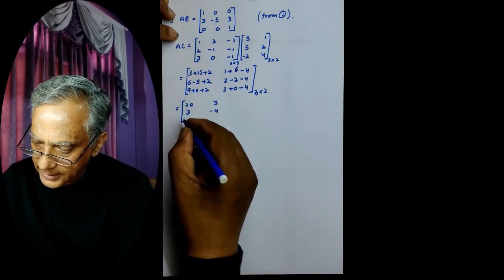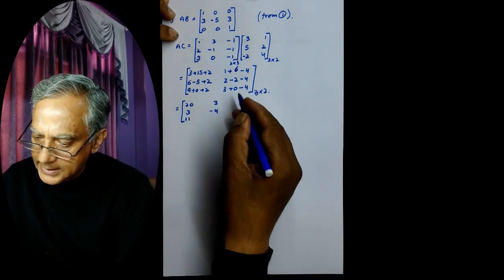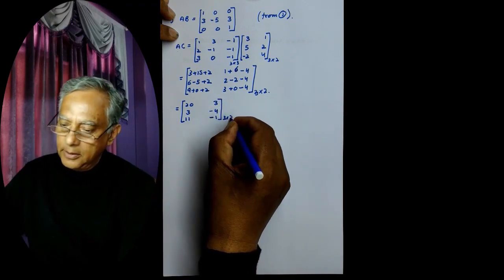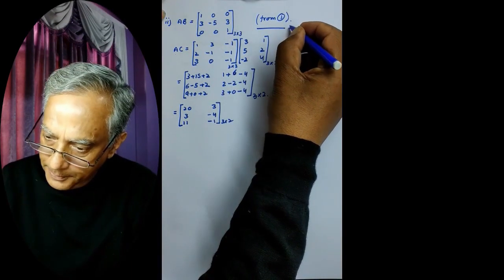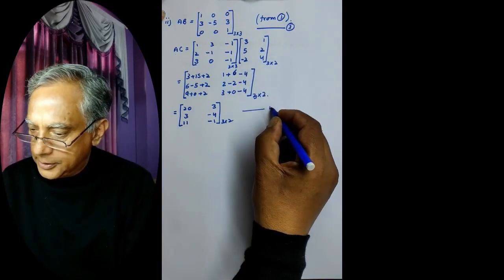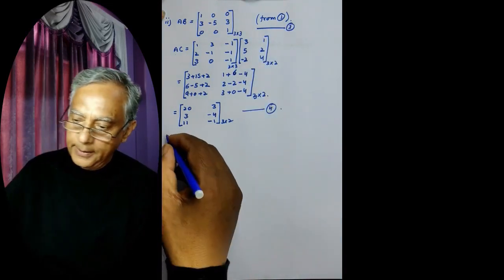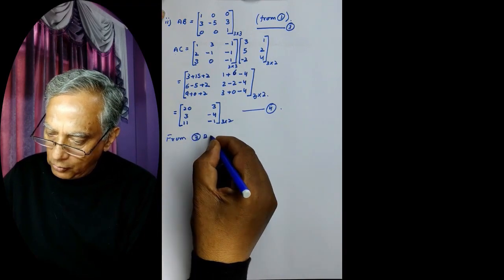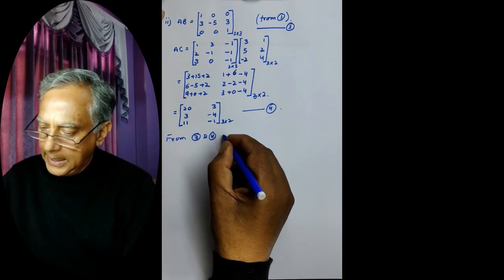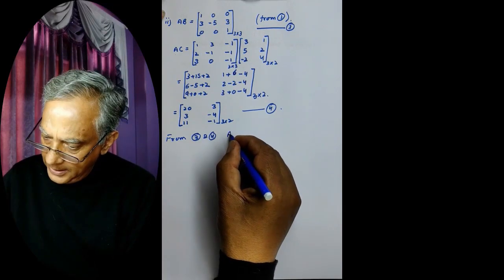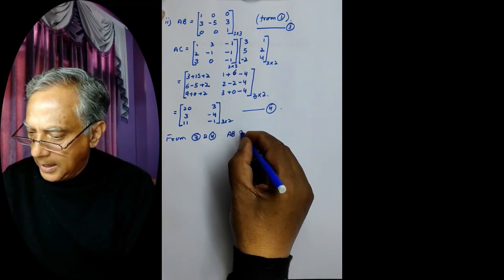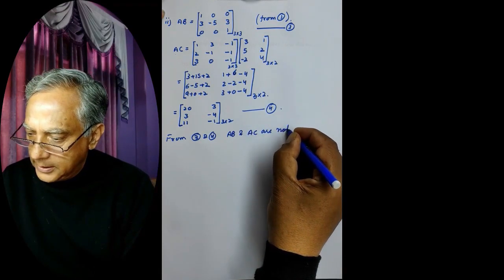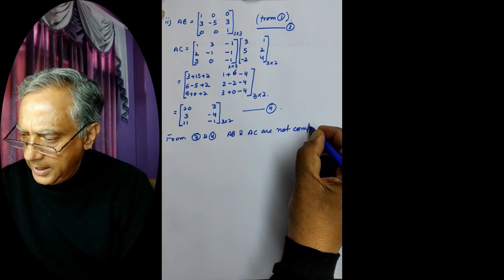This is 11. And this is minus 1. This is a 3 cross 2 matrix. Let now this be 3 and this be 4. From 3 and 4, what we realize is AB and AC are not compatible for addition.